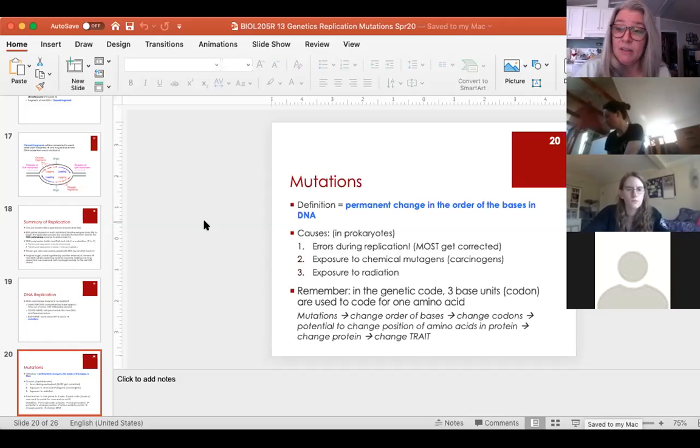And we care about it a lot in our microbes because sometimes microbes mutate and they become more pathogenic. And that's exactly what happened with this COVID virus. It mutated. It used to live in bats. It used to infect bats. And it mutated and it gained a new trait.